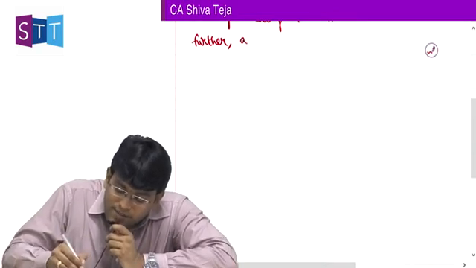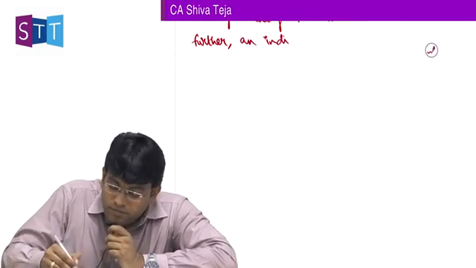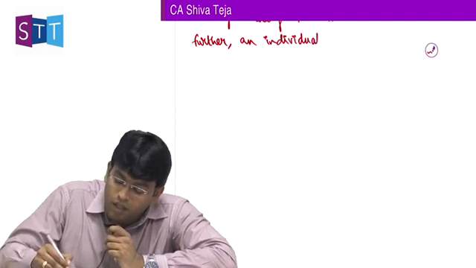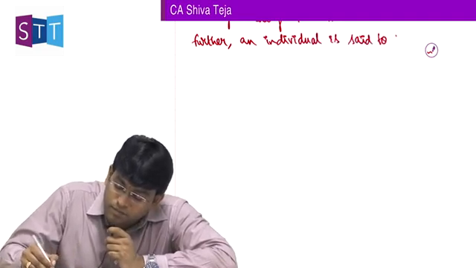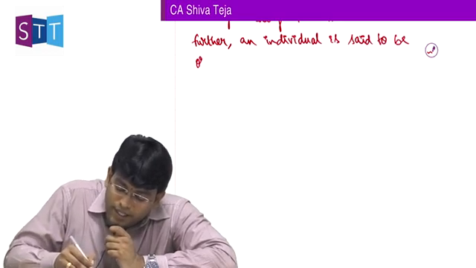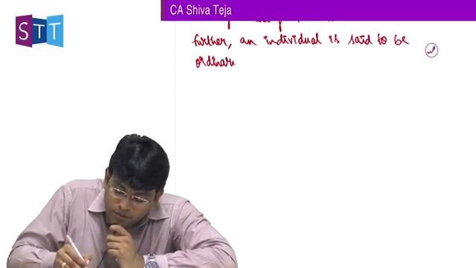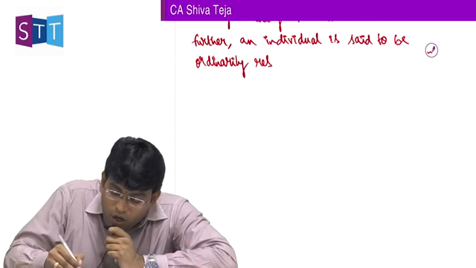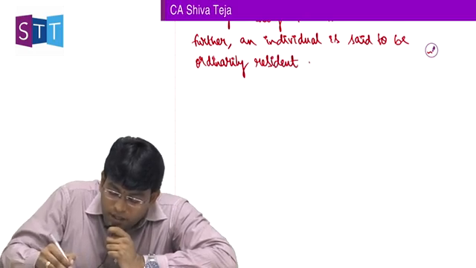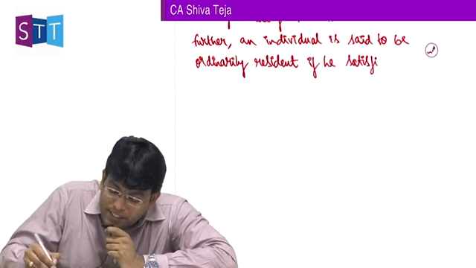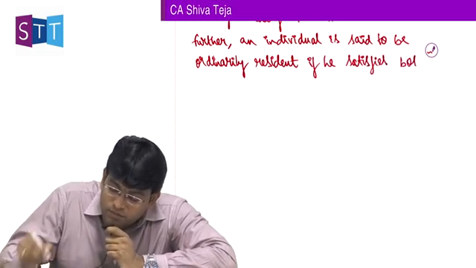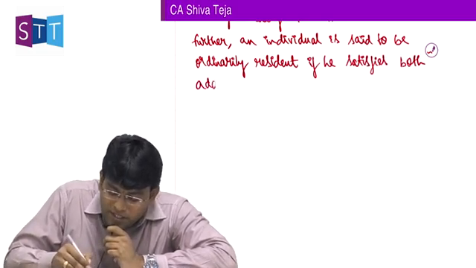Further, an individual is said to be ordinarily resident if he satisfies both additional conditions.